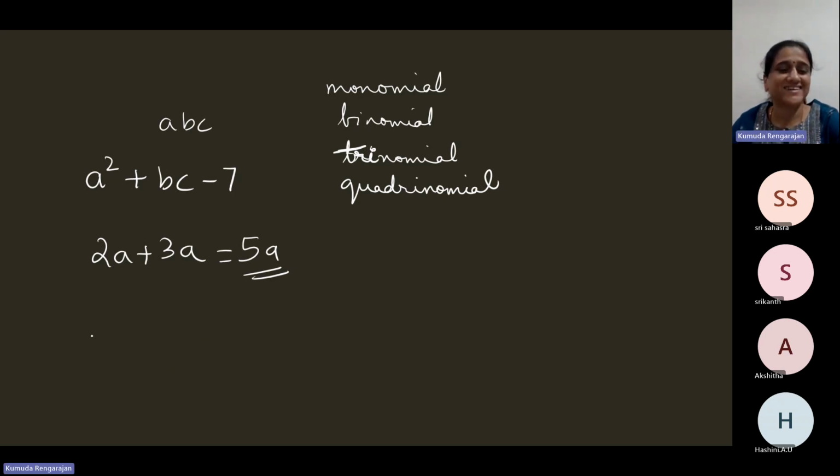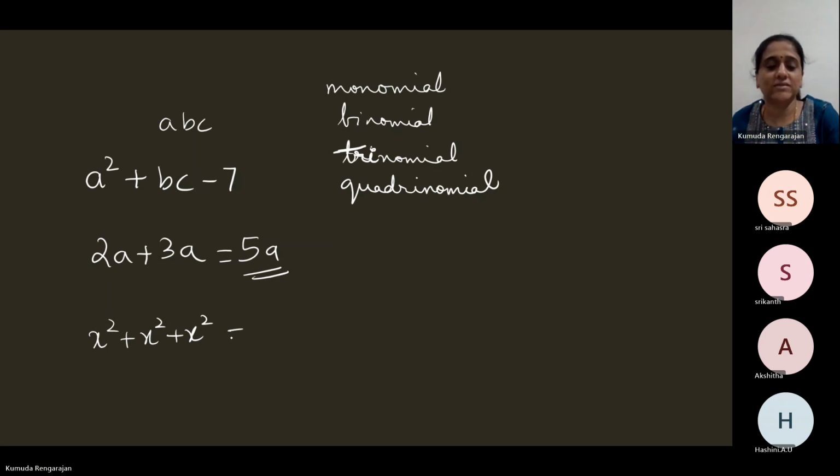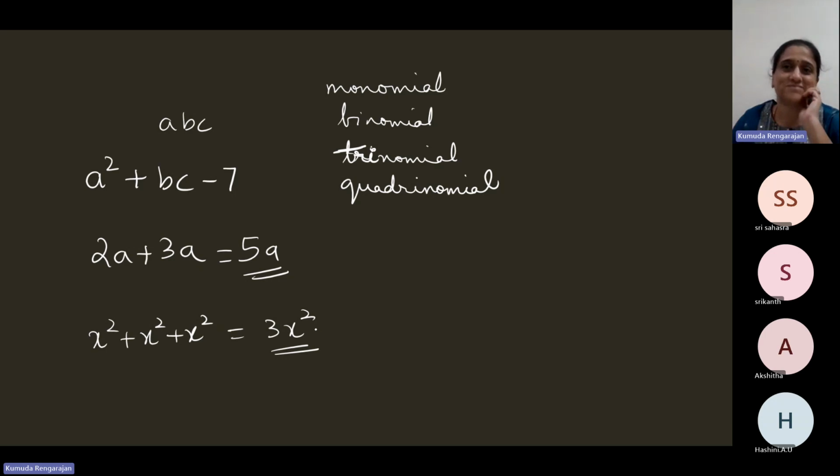X squared plus X squared plus X squared is a monomial. What's the value of X squared plus X squared plus X squared? 3x squared, and 3x squared is a monomial.